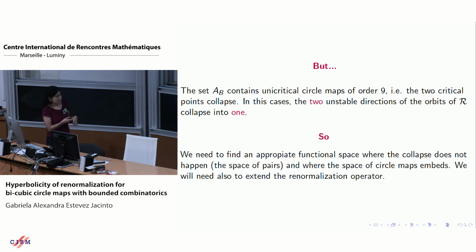This is called the space of triplets, and it is where the space of circle maps embeds. Of course we need to extend the renormalization operator, but if we are able to do that, it will be okay because we will stay with the two unstable directions.